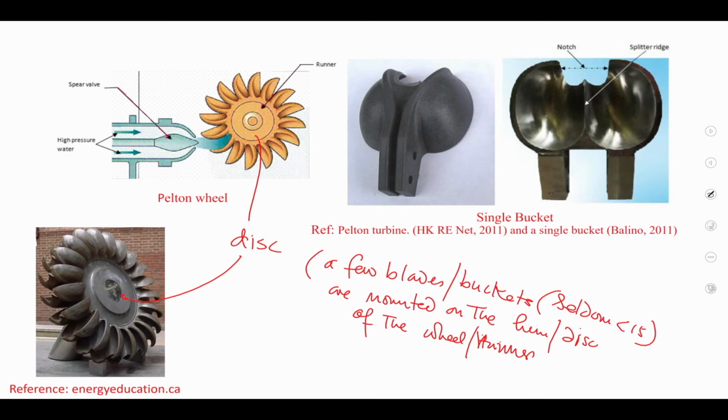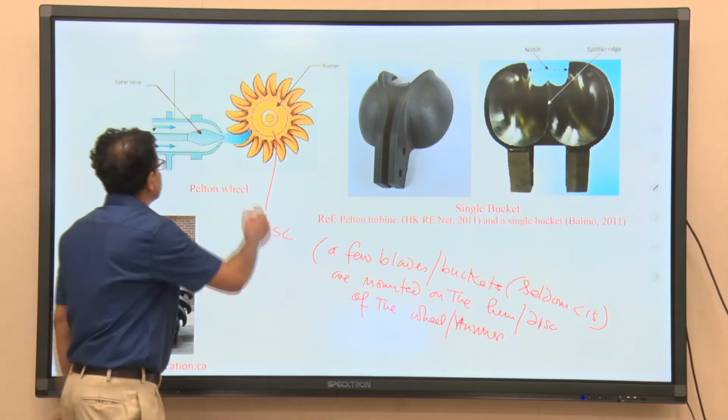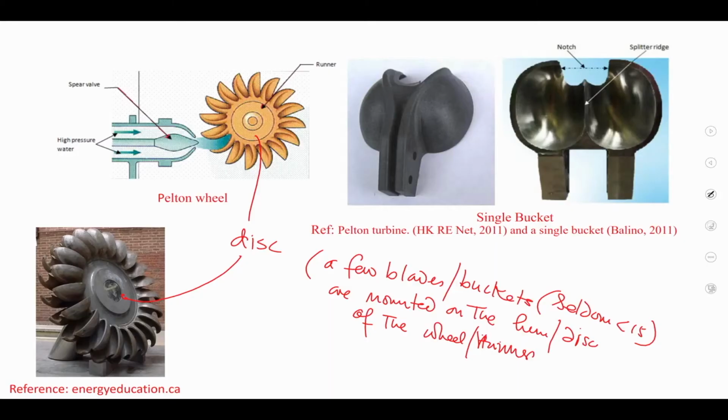Okay. So, why I was talking about water being allowed to go into the turbine in the form of a jet. You can understand this is the nozzle and this high pressure water is coming because of the head available at the exit.